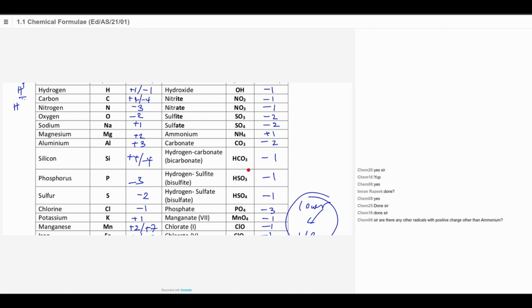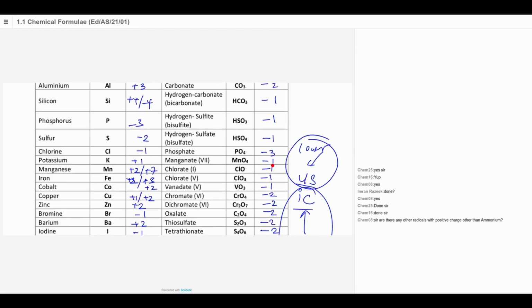And hydrogen sulfide, also referred to as bisulfide, we know sulfide is -2 and hydrogen is +1, so -2 and +1 is -1. Likewise, hydrogen sulfate, bisulfate.